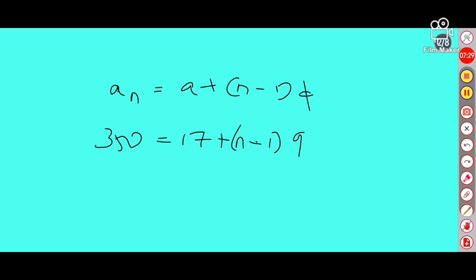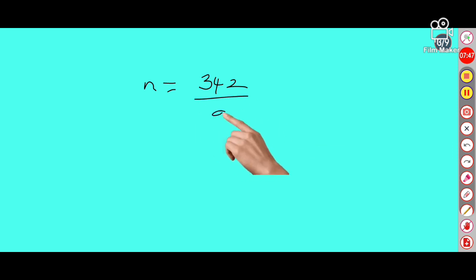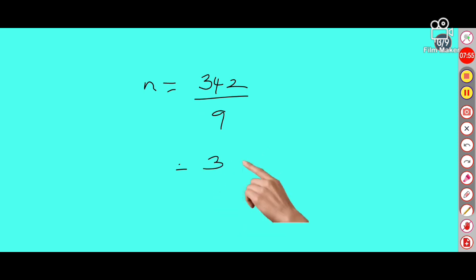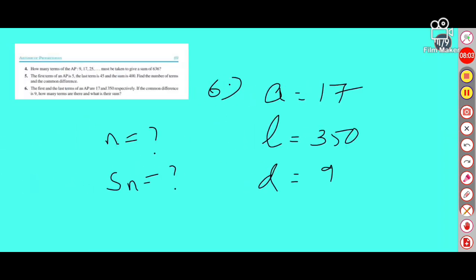So this 17 goes there, it becomes 333 equals 9n minus 9. This 9 again goes there, it becomes 342, that is equal to 9n. n equals 342 divided by 9, right? So that gives you 38. So we got the value of n, that is 38, right? So the first part is clear.